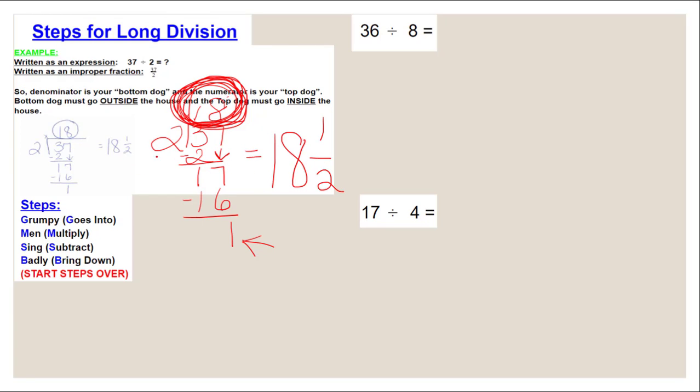Remember, our denominator doesn't change. Up here, the denominator was the 2. It stays the same. Because remember, in a fraction, your bottom number, your denominator, is how many pieces are in the cake. Your top number is how many pieces you get to eat.